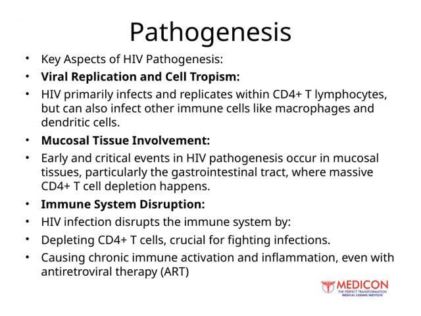This persistent immune activation is a hallmark of HIV infection and contributes to many of the complications seen in affected individuals. Connecting all these points, understanding how HIV interacts with immune cells, particularly at mucosal sites, and causes ongoing immune disruption, helps us appreciate the complexity of managing and ultimately aiming to control the infection.